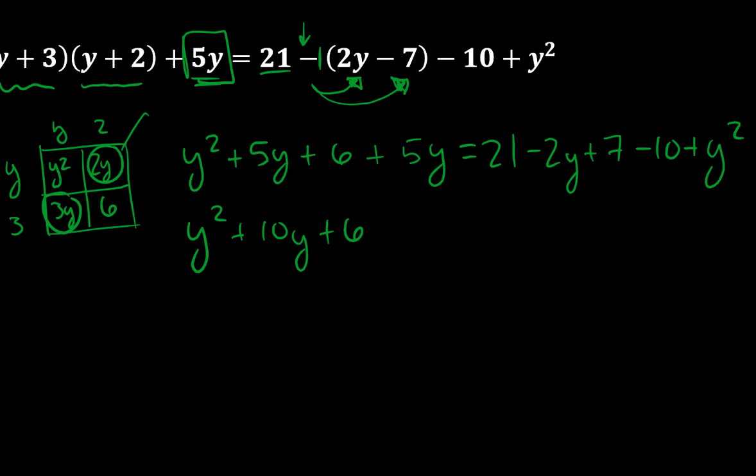So if I look at this and attempt to simplify, I can see that there's a 21 and there is a minus 10, which, if I combine those two, would give me a positive 11. And then there's this plus 7. So I can take all of those and write them as just the number 18.